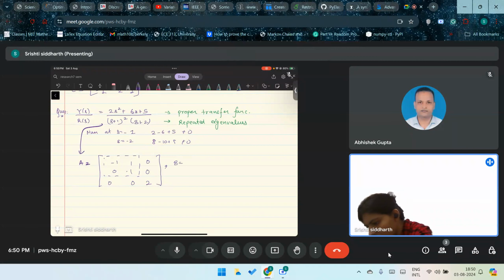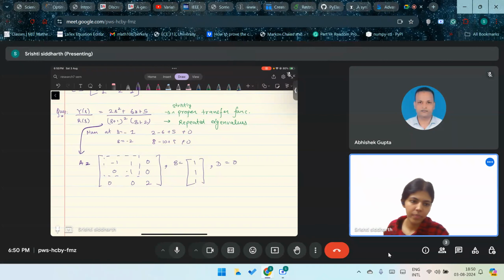We know what B is, and okay, so this was strictly proper. D is going to be 0. So now our job is just to find out what C is.